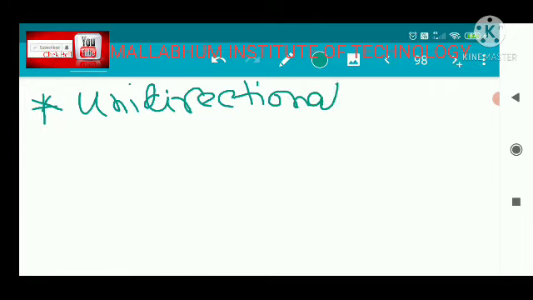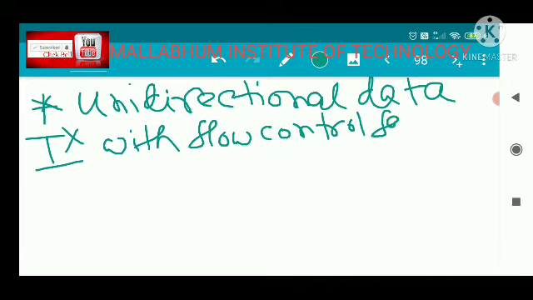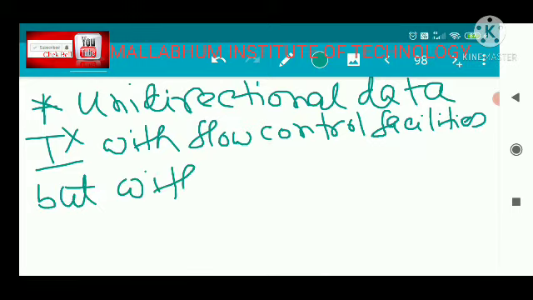but without error control facilities. So this is the second characteristic: unidirectional data transmission with flow control facilities but without error control facilities.